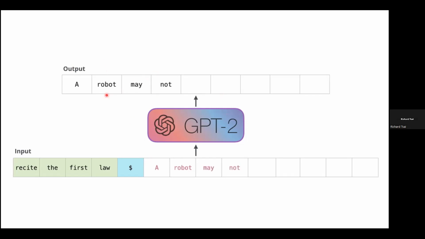This process continues iteratively, with each token generated by GPT-2 being used to extend the prompt and guide the generation of the next token. It allows GPT-2 to produce coherent and contextually relevant text based on the given prompt.